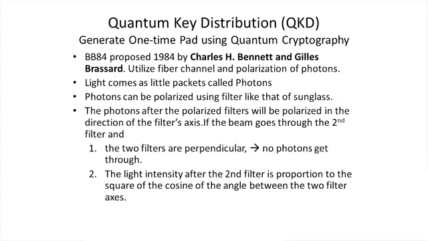Fiber network has been used for a long time in distant telecommunication and data network. The same fiber connection can also be used to distribute one-time pad, called quantum key distribution, QKD for short.